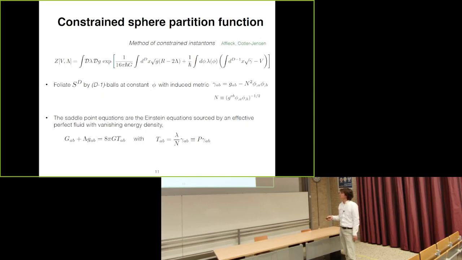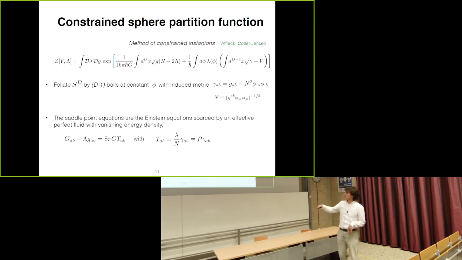Okay, so now this is our partition function represented as a constrained path integral where we have this lambda. We will look at the situation where there's some low energy effective field theory where the action is given by GR, and we also allow for a cosmological constant.